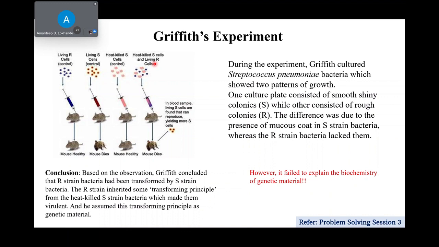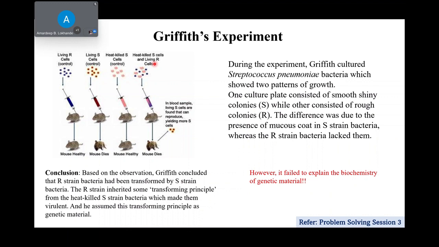And what else did they use? To confirm, generally in experiments, if you have a proof of concept, then it enhances your experiment. So you said that DNA is a genetic material. Now what if you also show that if you remove DNA, this does not happen? So how do you disrupt DNA? By using DNases.